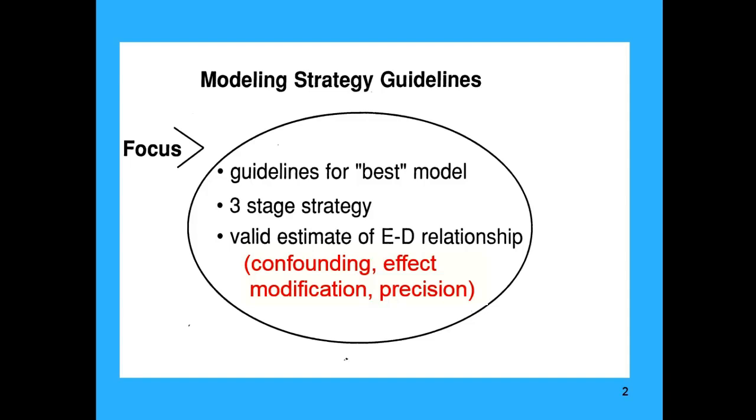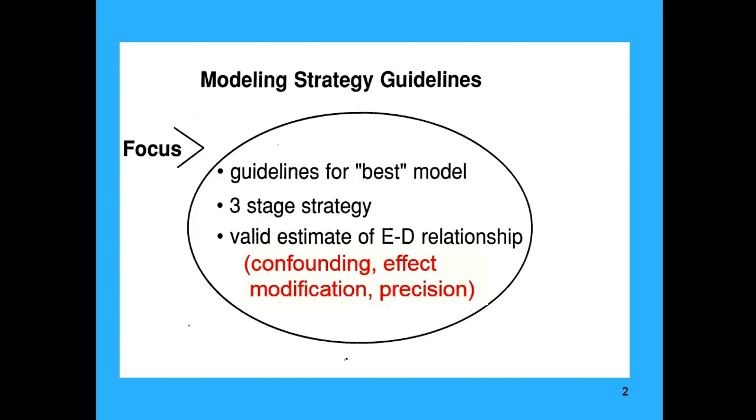We want to answer a question. So in order to answer the question, we basically want to get the right answer. That's what we mean by valid. We want to get the right answer to whatever question we're dealing with, okay? And what this means in terms of what we've been talking about up to this point in the course and even last semester is we want to be able to say something about the ED relationship, and we want to take into account the problems or the issues that we have to deal with when we're doing that.